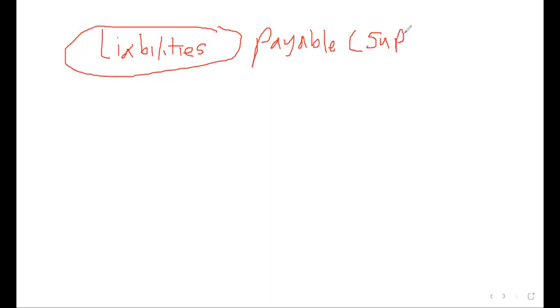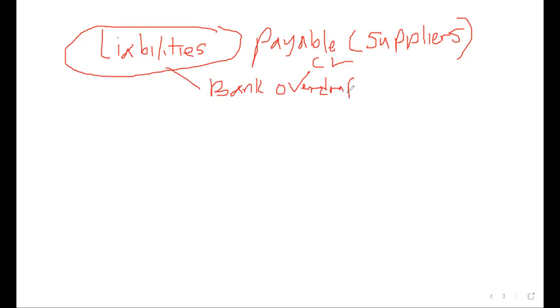They have a credit balance because they supply goods to us on credit. So suppliers have a credit balance. Bank overdraft is a liability, and you should have a credit balance. So this is just about what this one goes.